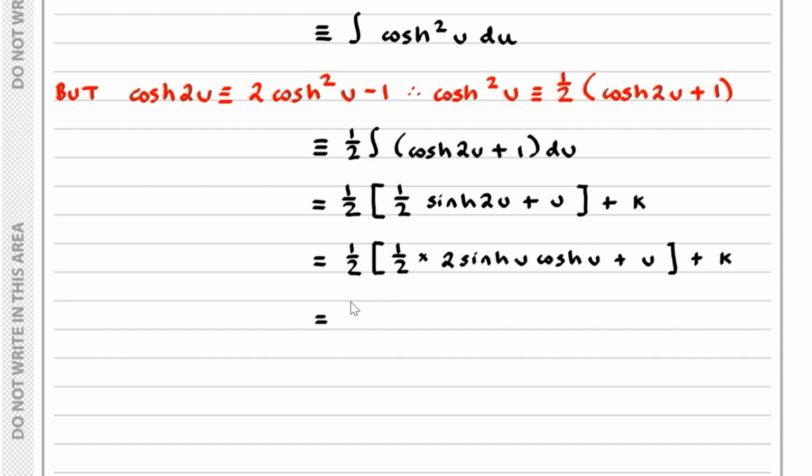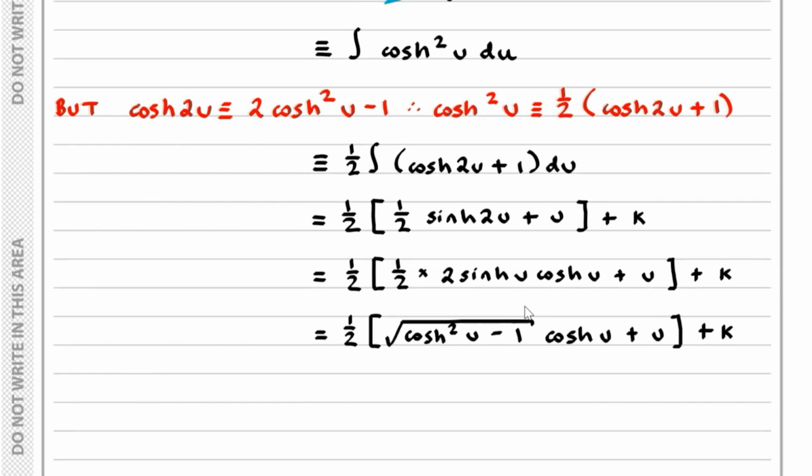So we have here 1/2 multiplied by, here we've got hyperbolic sine u, which is hyperbolic cosine u squared minus 1 square rooted, multiplied by hyperbolic cosine u plus u, and then we add on k.